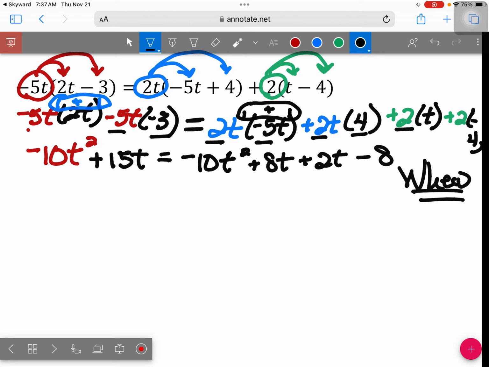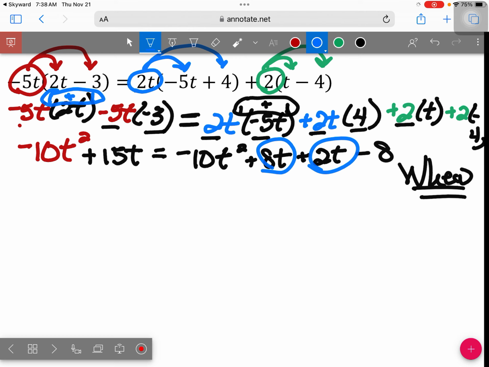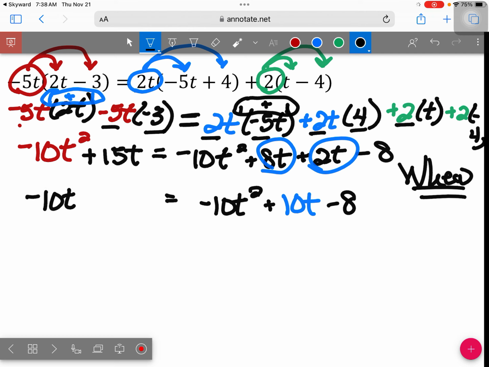Do you see any? Excellent. Yes, 8t and 2t, that's 10t. The rest of them are all going to stay the same for now. So I got -10t squared plus 15t over here.